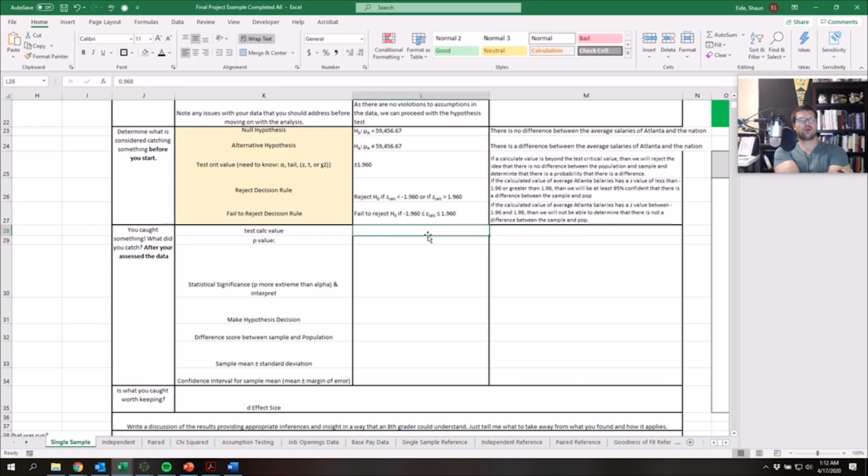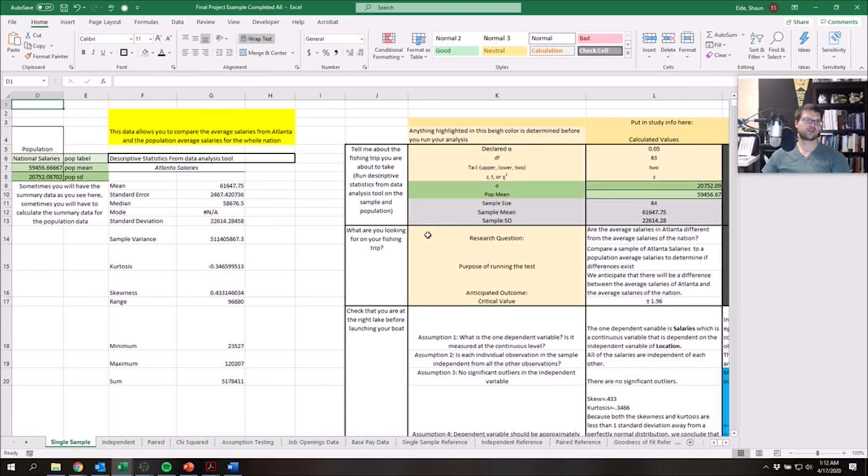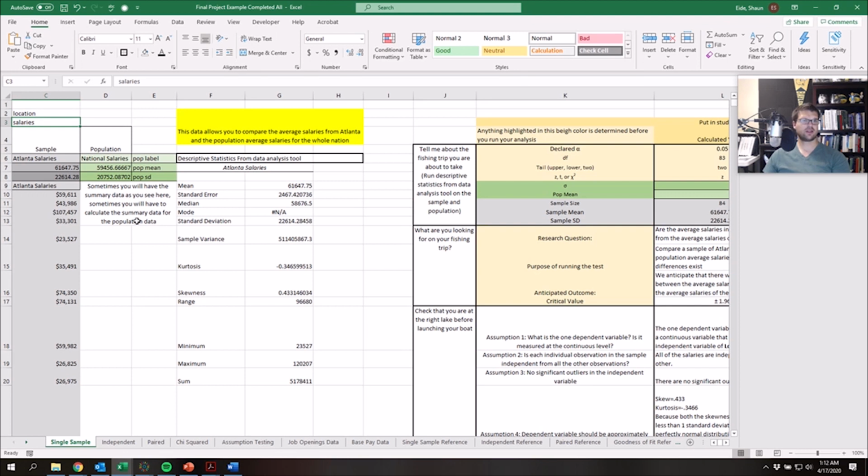Okay, so now let's actually do a little bit of math. Test calc value. In order to calculate the test statistic, there are several ways that you can do this. You can actually take the population mean and the population standard error, and you can run it all like this.